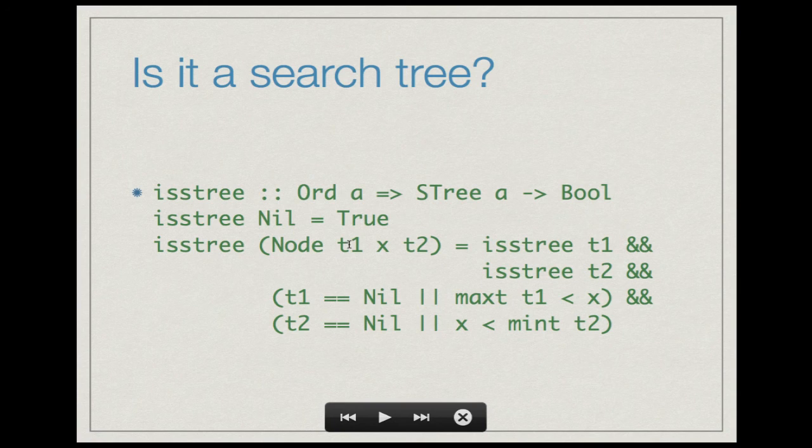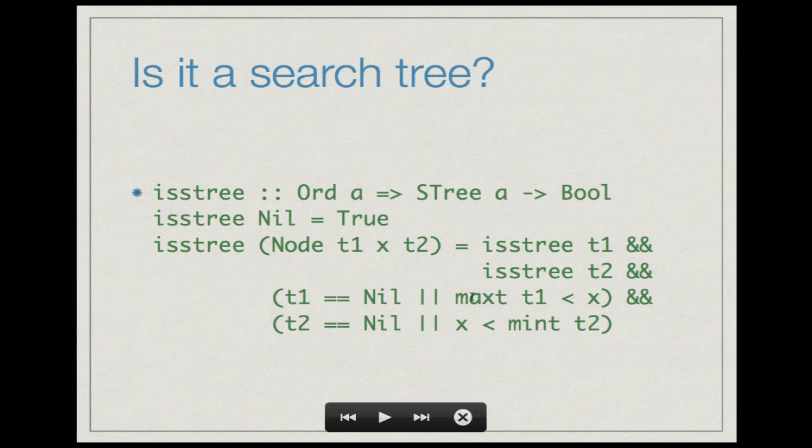you have to check whether all the values in the left subtree are smaller than x. One way to check it is to check whether the max value in the left subtree, maxT of T1, is less than x, and we also need to check whether all the values in T2 are greater than x, and one way of checking it is to check whether x is less than the minimum value in T2, x is less than minT of T2.